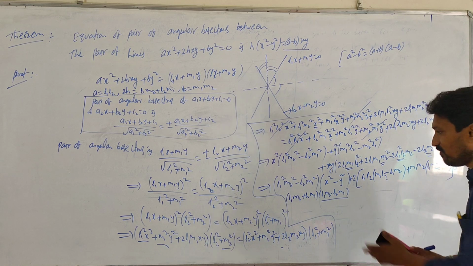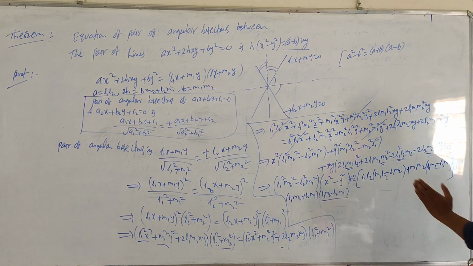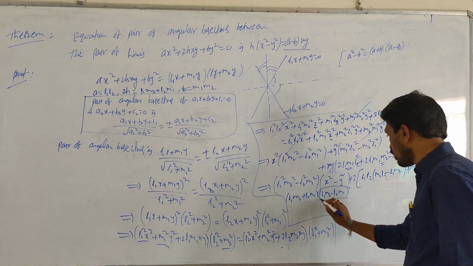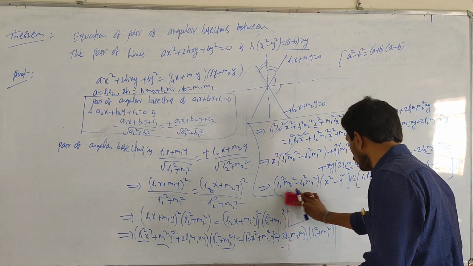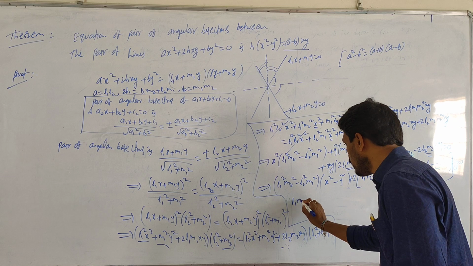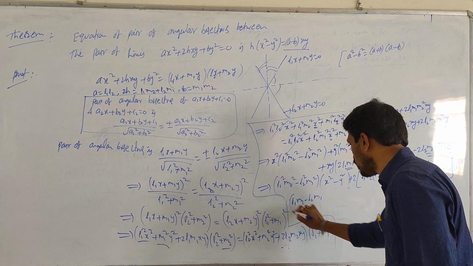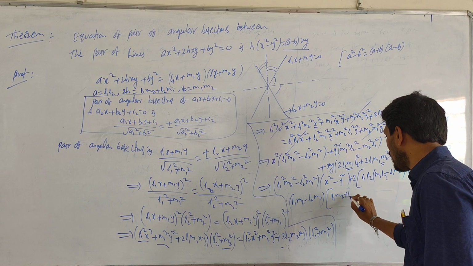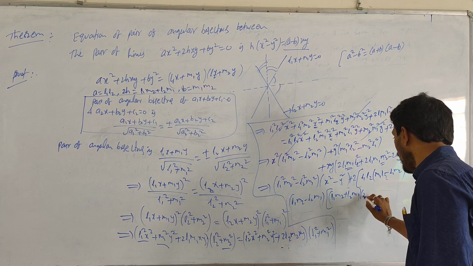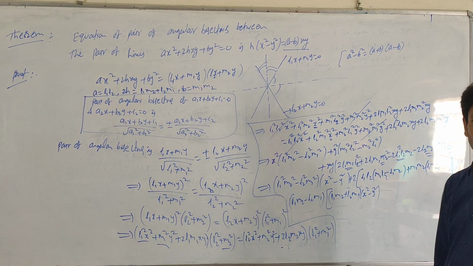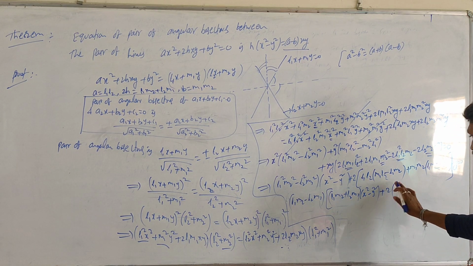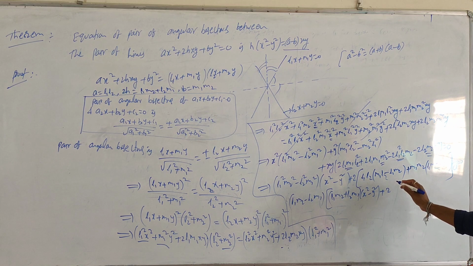What you have in this second factor, from all these terms you take this L1 M2 minus L2 M1 common. After taking common, what we have? L1 M2 minus L2 M1 taken common, left over here is L1 M2 plus L2 M1, and here x square minus y square. Plus 2 into, here what is the common to take?